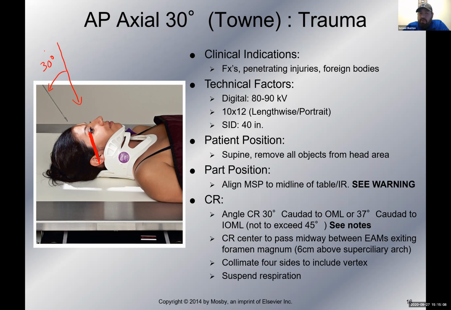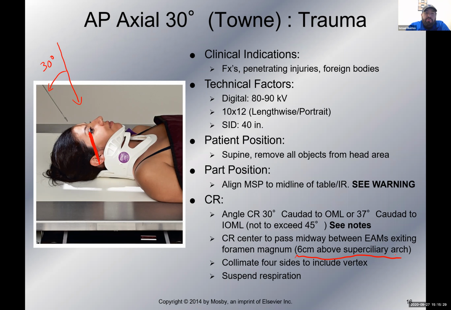Okay, we're still going to center to pass midway between the EAMs, which means we're going to try to center at that 2.5 inches above the glabella, but for some reason the book says to center 6 centimeters above the superciliary arch. I don't know why they do that, but that's where they're saying to center.